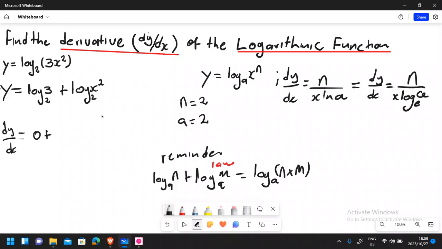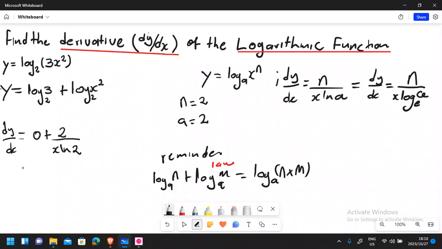So let's continue. Right now, let's look at our right hand side when we change it. So we're going to have n, which is 2, over x natural log, then our base is going to be 2.